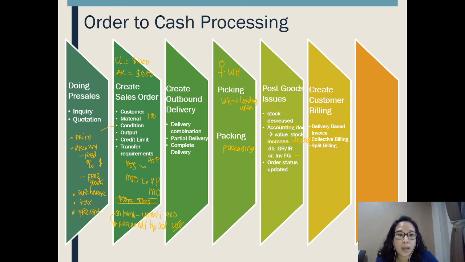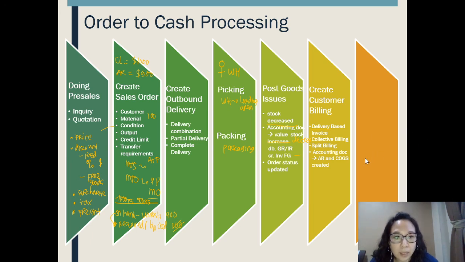It's also possible to do split billing. It means that for one delivery we can split it into several billings. Usually this will be used if there is a down payment, so the customer can pay in several terms.